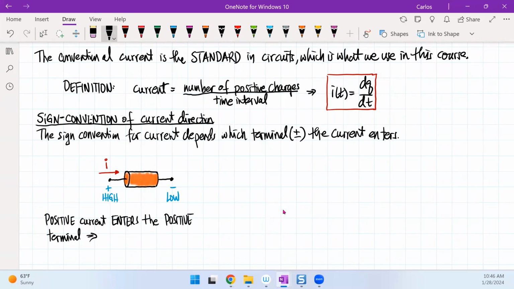That implies then that the current I is positive and carries a plus sign. So you got to give it a positive sign.